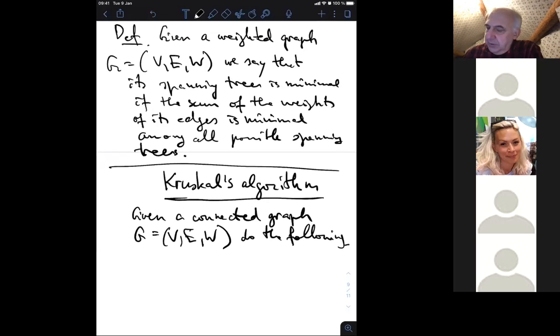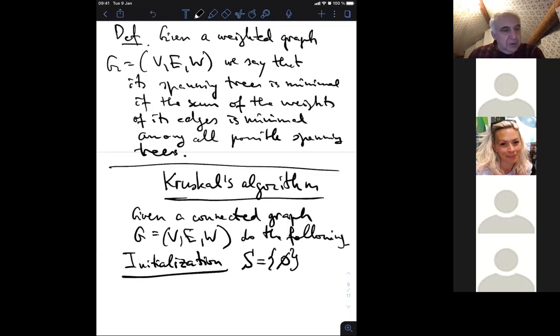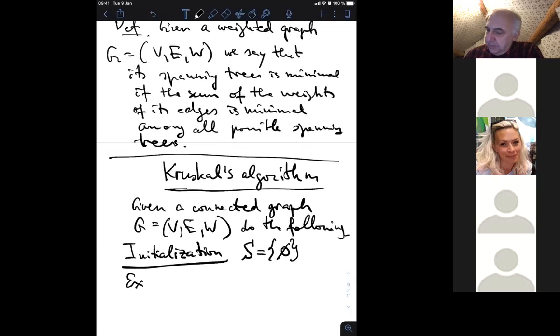Initialization, step zero: put our current set of edges S empty. The condition for termination is: if the number of elements in S is the number of vertices in our graph minus 1, then terminate.